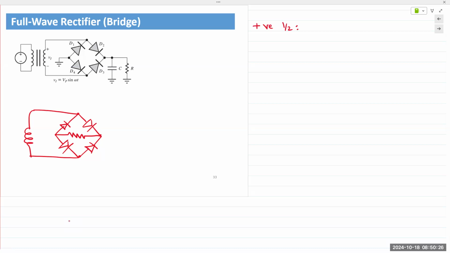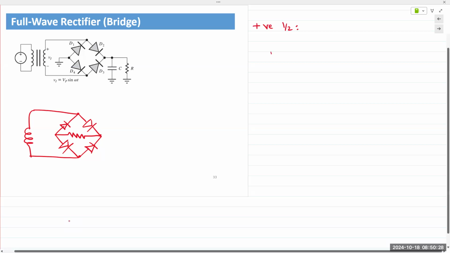Screen went off. Okay. I'm going to draw it out a little bit large, with a plus and a minus here. This is going to be a little tricky, but here it goes.